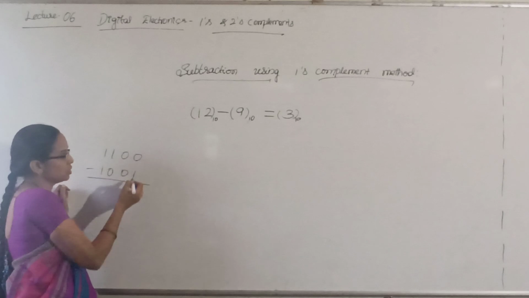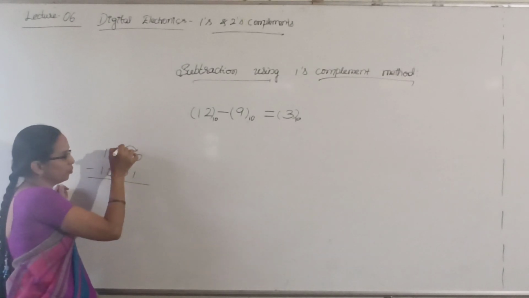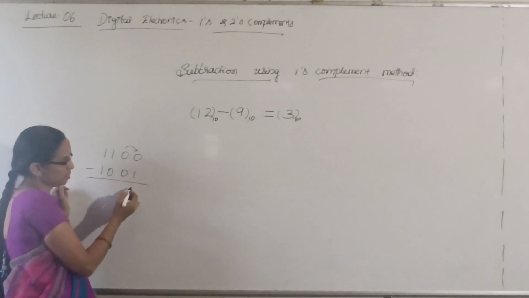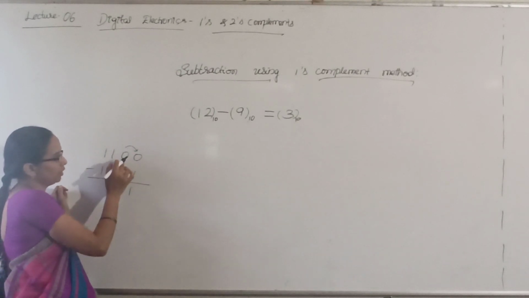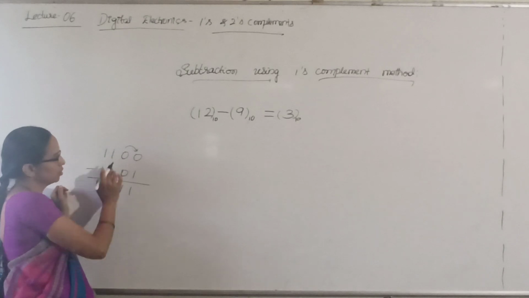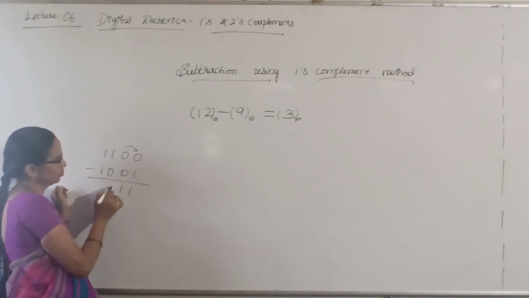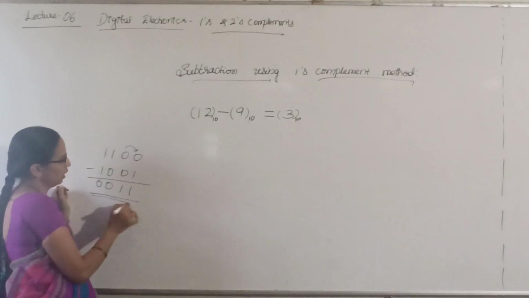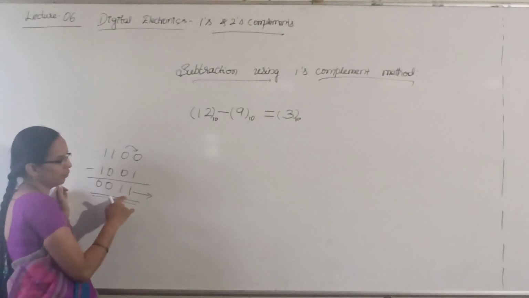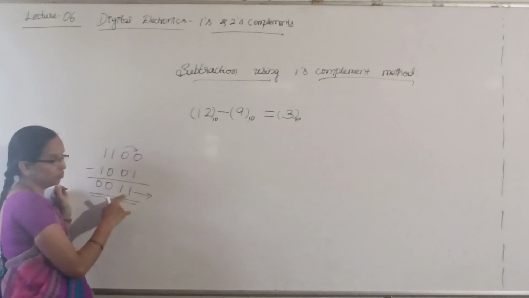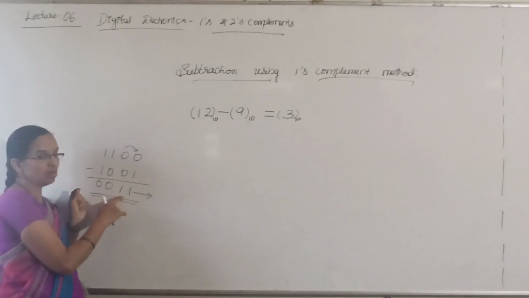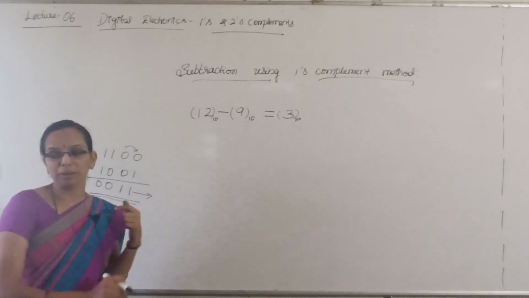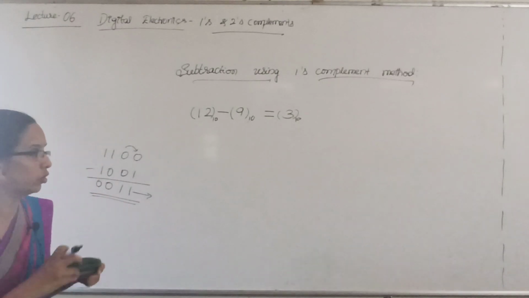There 0 minus 1 I cannot do, I will take borrow from here. 2 minus 1, here it will be 1, 1 minus 0 is 1, here it will be 0. This is the binary equivalent of decimal 3, that will be written as 0011. This is our normal binary subtraction process that we have already learnt.